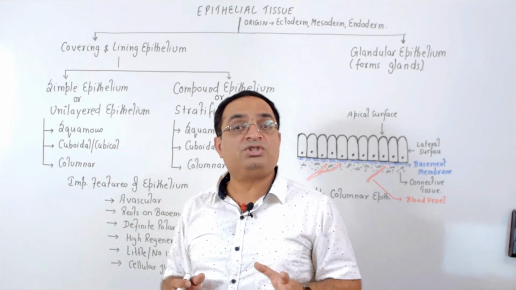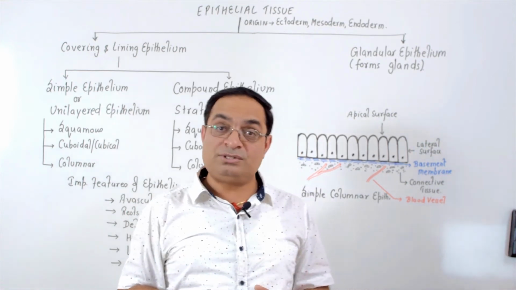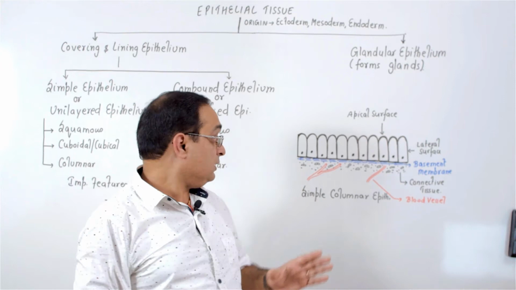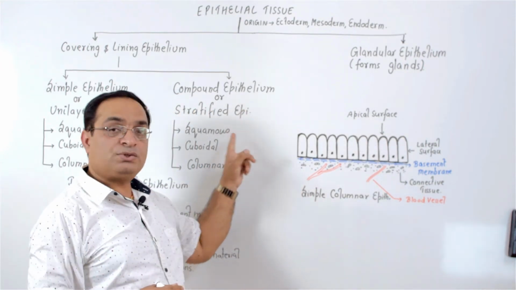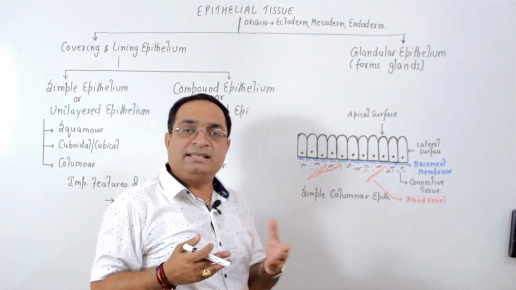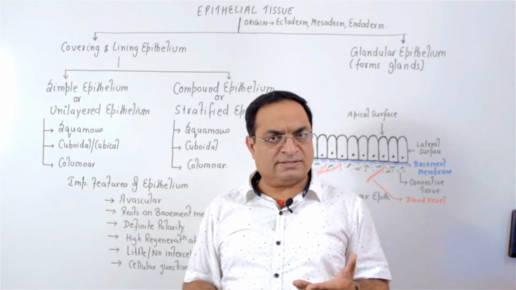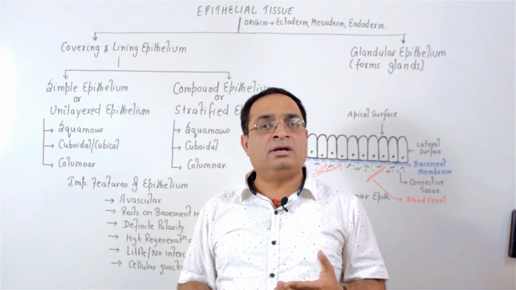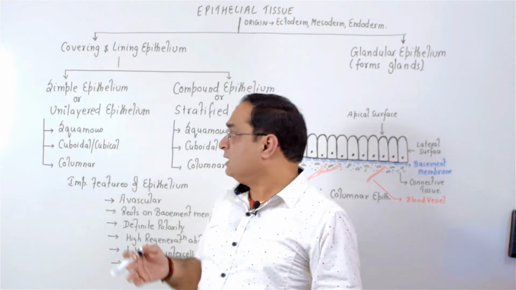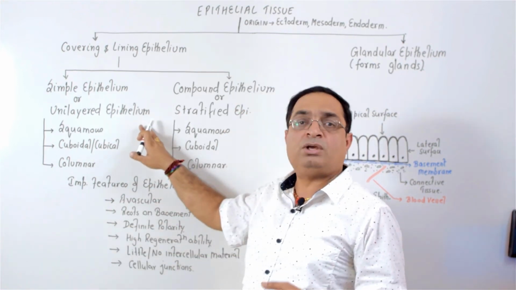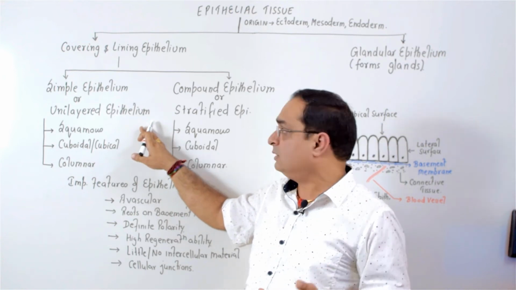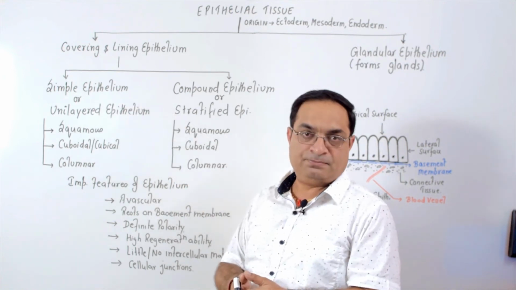The epithelium which has multiple layers is more suitable for protection. So, the compound epithelium is more suitable for protection. The single layered epithelium is suitable for filtration of the substances, that is by diffusion, the absorption of the substances. So, at all those places where we require filtration, absorption, there we have the simple epithelium.